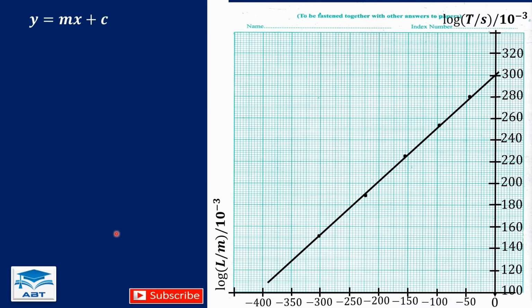Now we are going to find the values of n and k from this equation. The slope-intercept form of the equation of a straight line is given by y is equal to mx plus c.